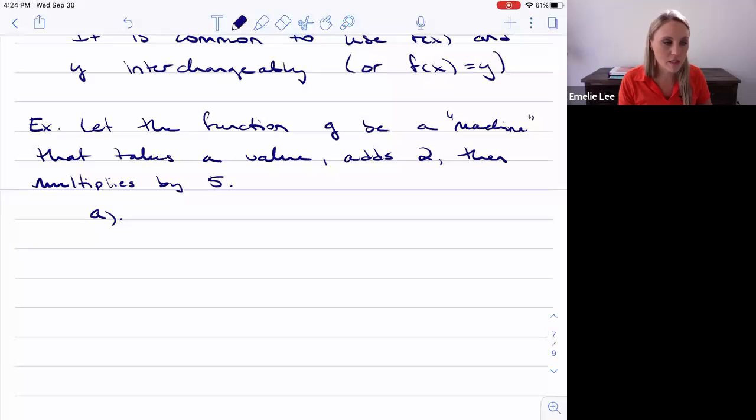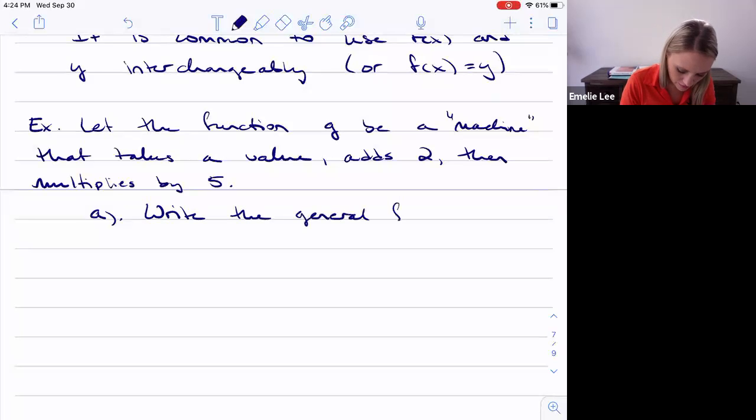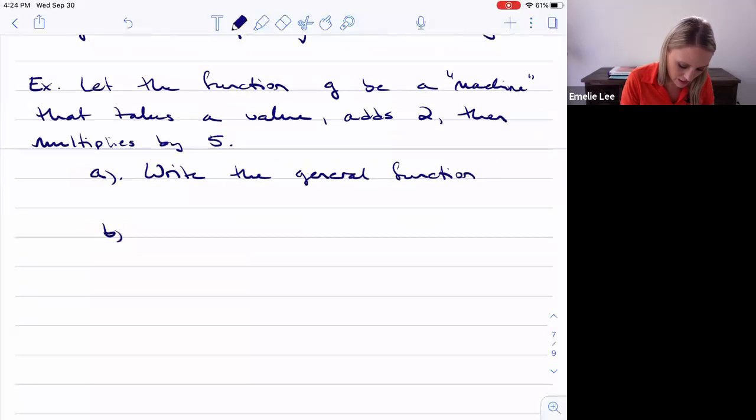So now the name of our machine or our function is lowercase g. What I want us to do is write the general function. I'll leave a little bit of space there. Well, I guess we should do that first, because then I use the notation in a little bit.